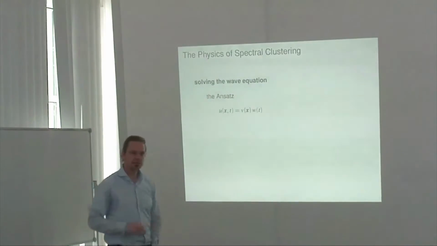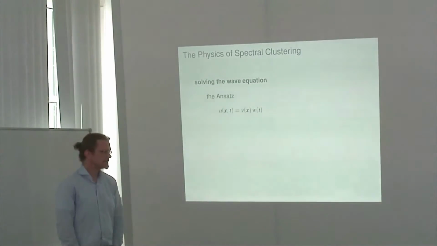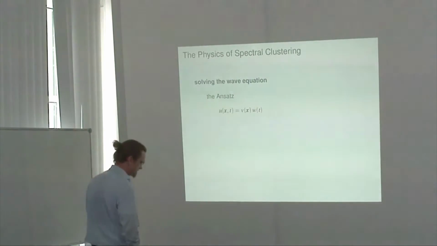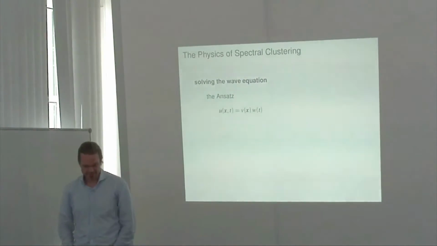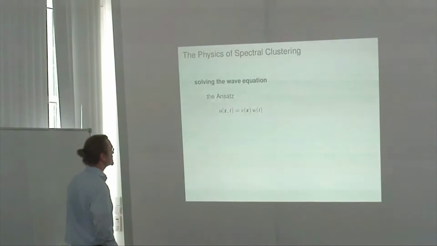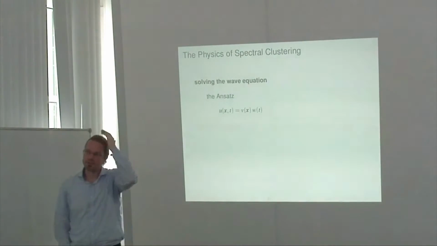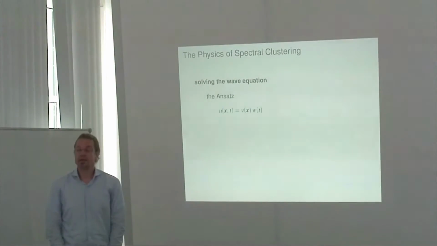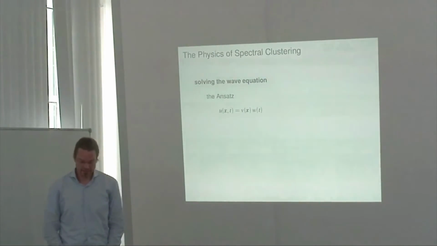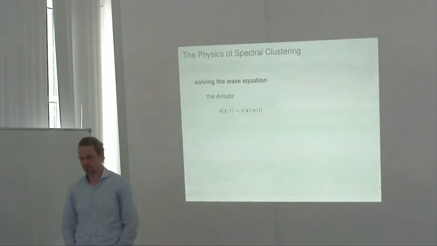Our goal right now is to solve this wave equation, and we'll make an informed guess. There's a beautiful German word in mathematics for that: we make an Ansatz. And our informed guess is to say that this function u of space and time can be expressed as a function v of space only and a function w of time only.